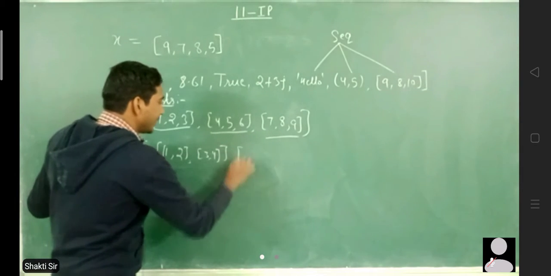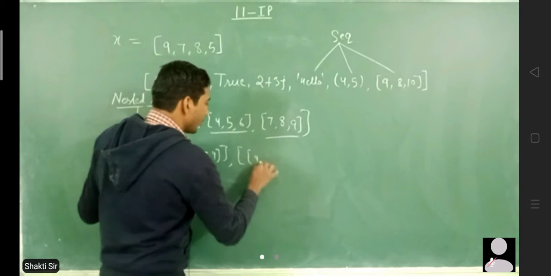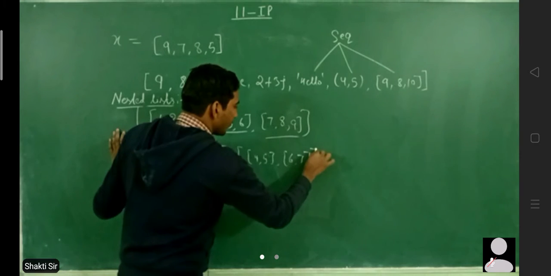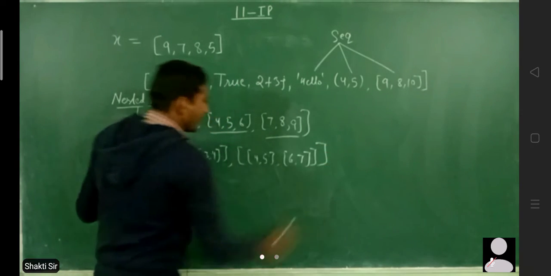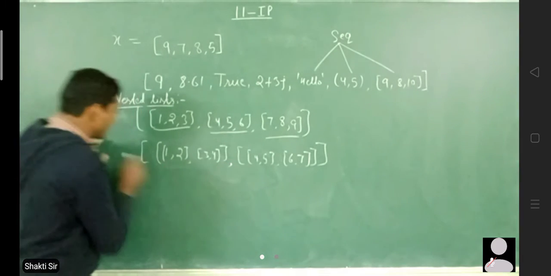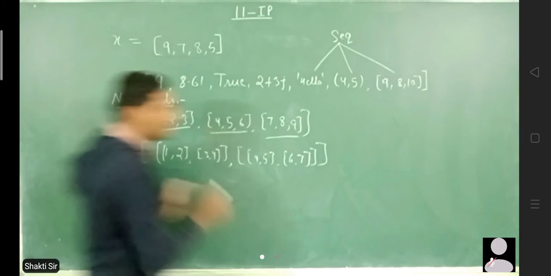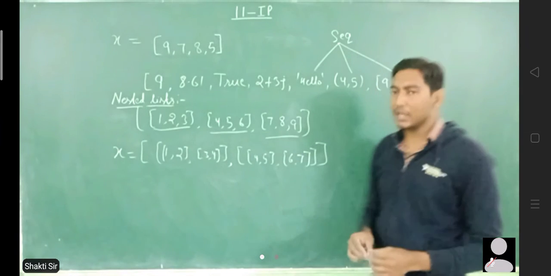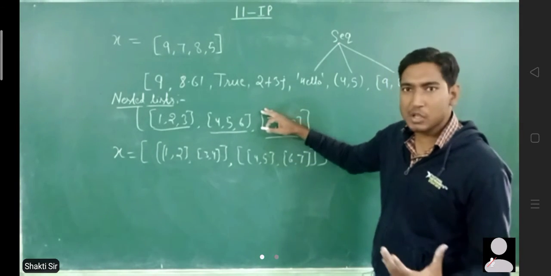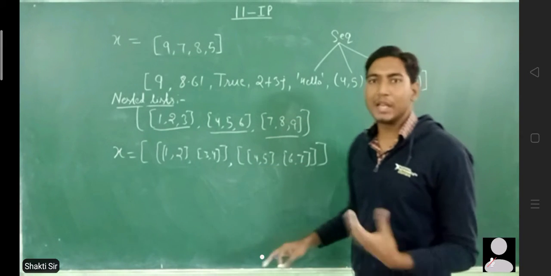And then we can create another list like 4, 5, 6, 7. Now you can see this is my outer list, and this list has 3 levels of nesting. The earlier list had 2 levels of nesting, but this list has 3 levels of nesting.